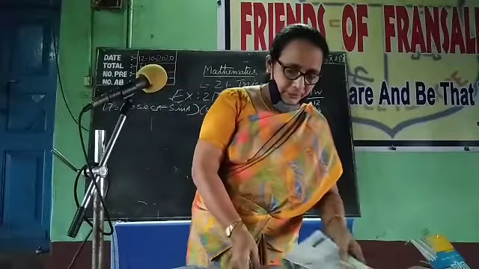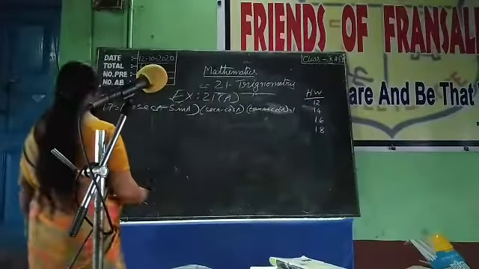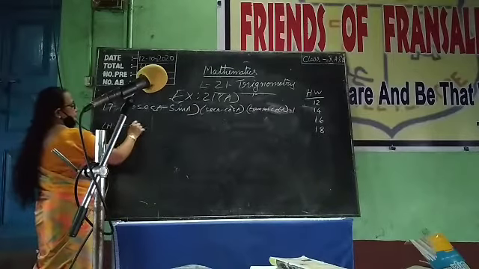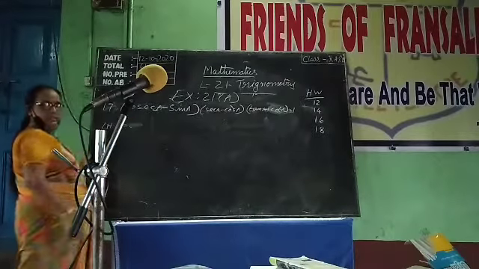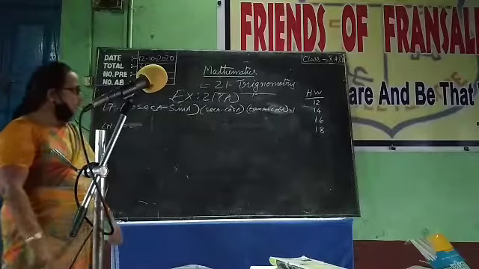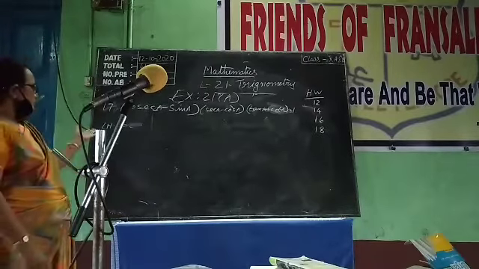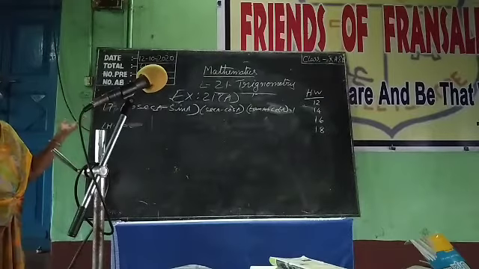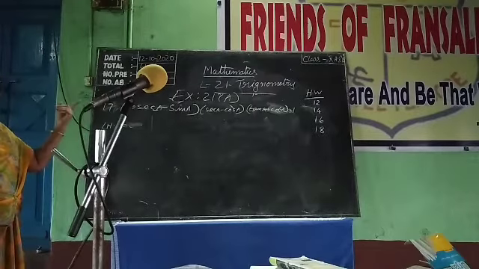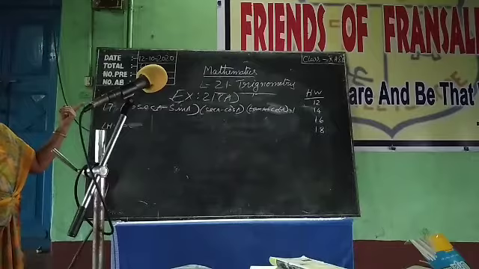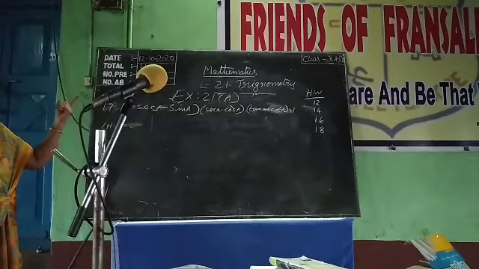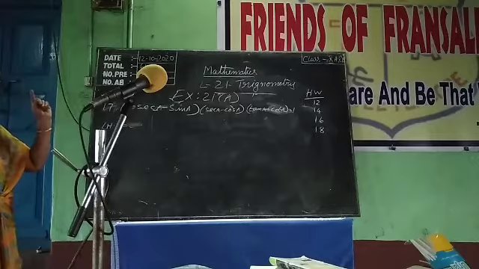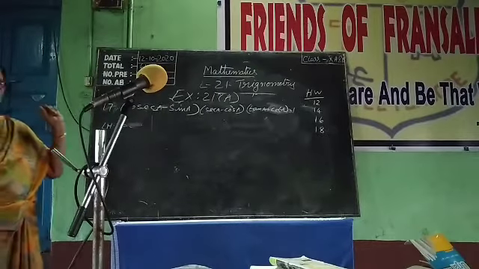Well, how can we simplify this left hand side? Rewrite it. I am not rewriting it, you are rewriting. How can we solve it? Cosec A can be written as 1 by sin A. Find LCM. We will get 1 minus sin square A divided by sin A. What is 1 minus sin square A? Cos square A. So that term will be cos square A by sin A. Next one also same way.